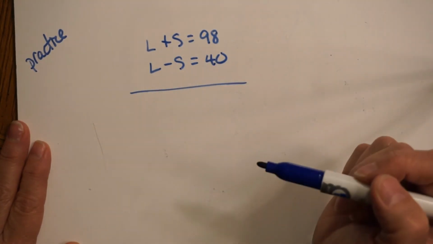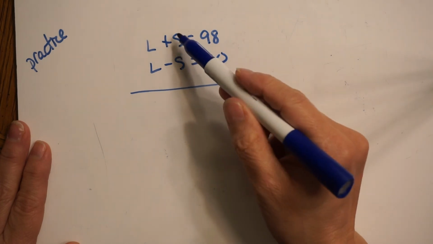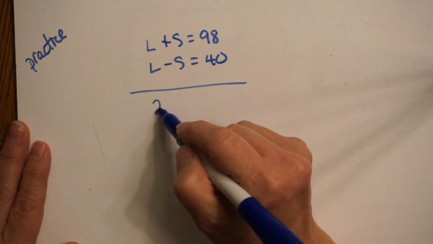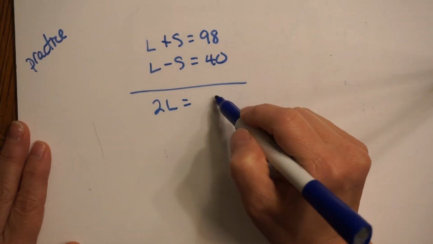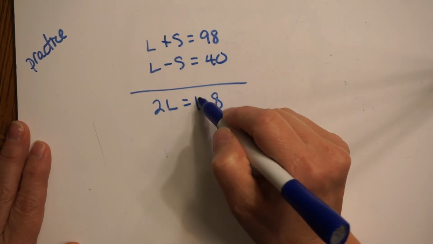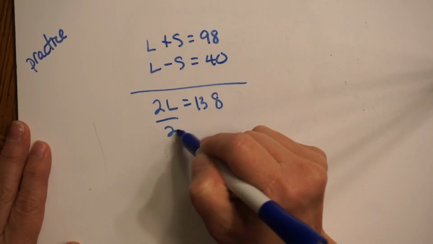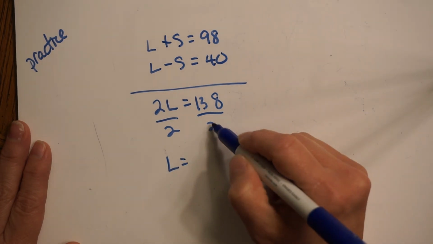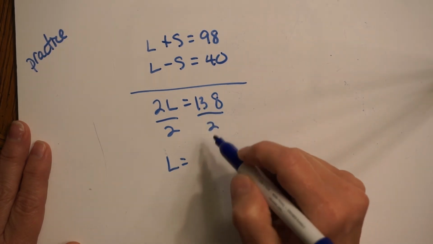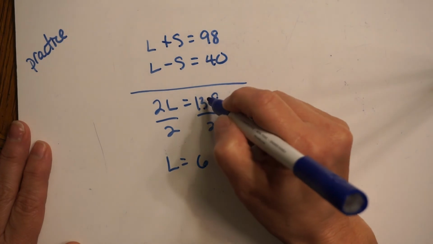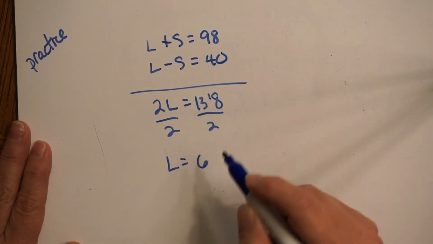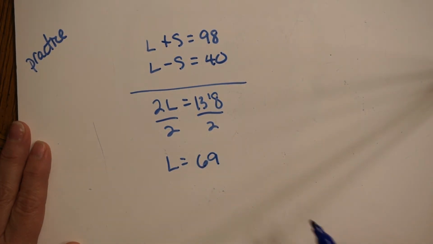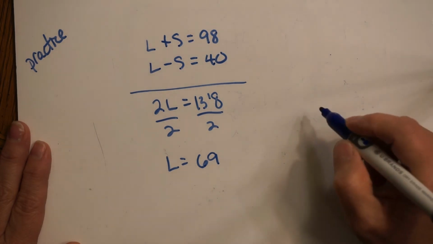This is set up nicely for elimination again. So the s's will cancel out. We're just simply left with 2l equals 138. Solve for L by dividing both sides by 2. So L is equal to, 2 goes into 13 6 times, 1 left over. 2 goes into that, 29. So the large is equal to 69.